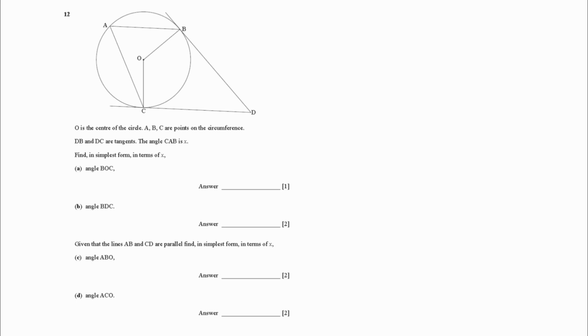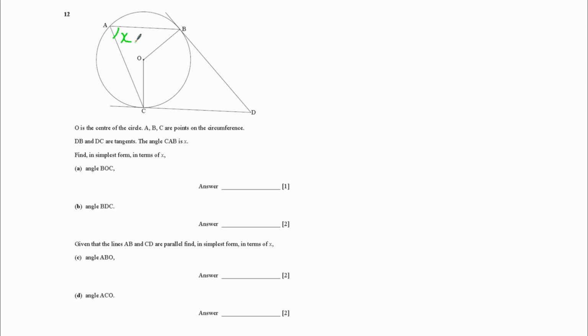The angle CAB is X. As we read this, if we don't see any information, we need to show it so that we can visualize the problem. So this is the X. So we need to put that value in. Find in simplest form, in terms of X, angle BOC.